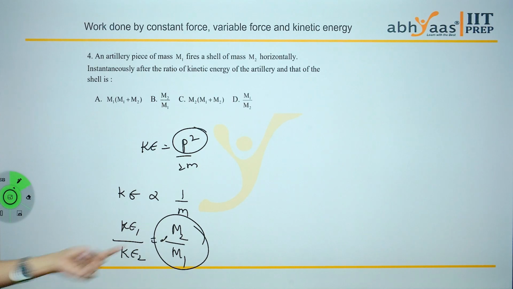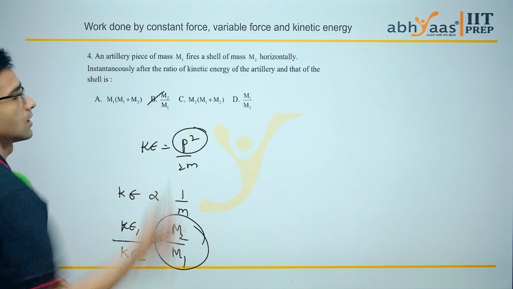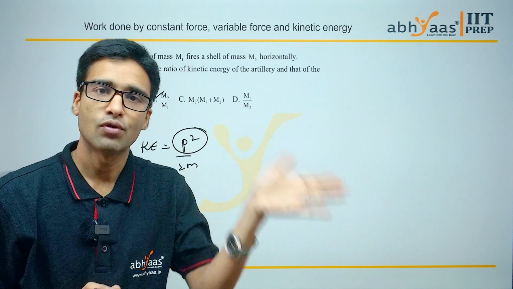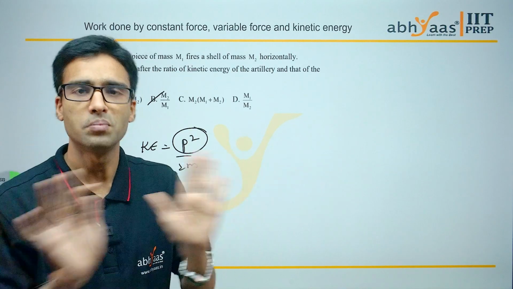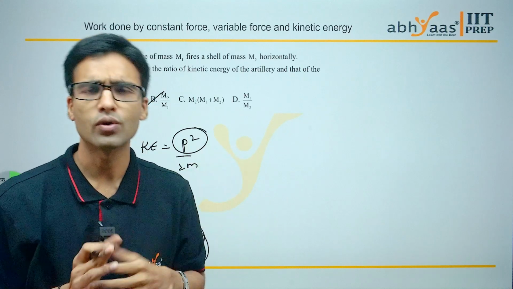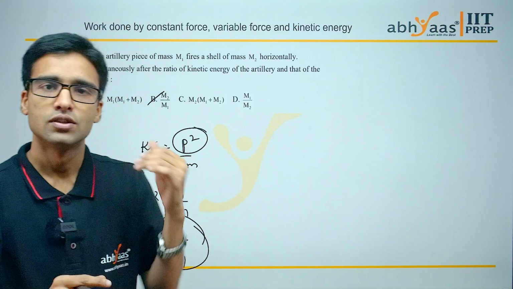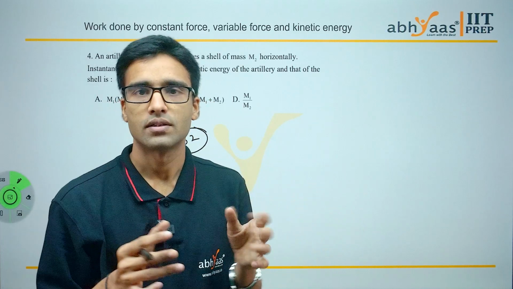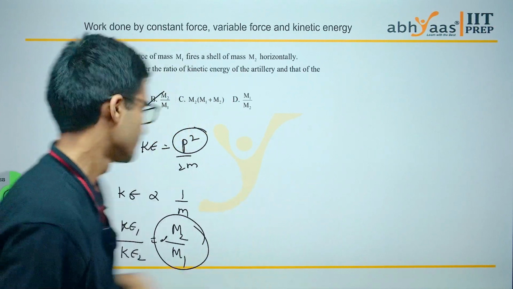M2 is the shell, m1 is the artillery. So KE is inversely proportional to mass. Simple, it's not a big deal. The only thing is you have to understand that momentum is constant, so m1 v1 equals m2 v2, and it is the same for both.